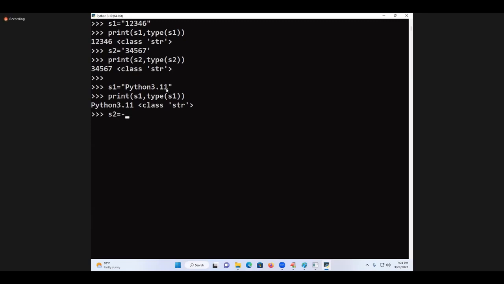Now S2 is equal to, I am writing some special symbols. Now see, S2 I am writing. Is it a string or not? Also string. Now tell me, for my satisfaction, what is a string definition?